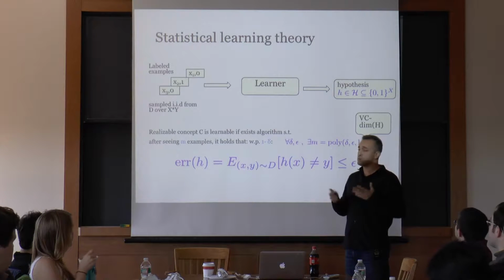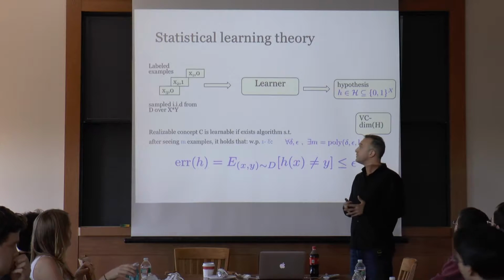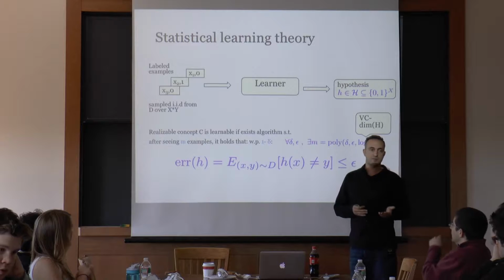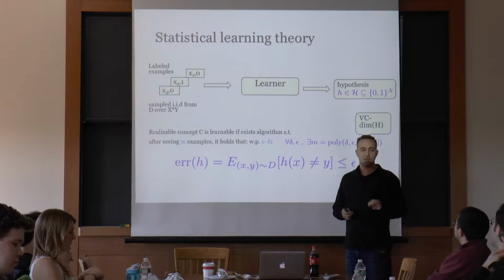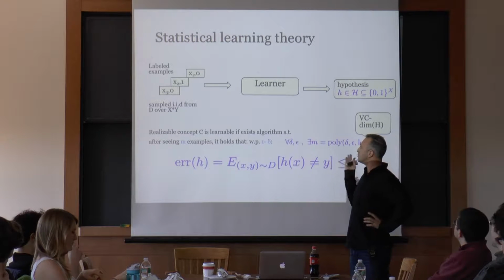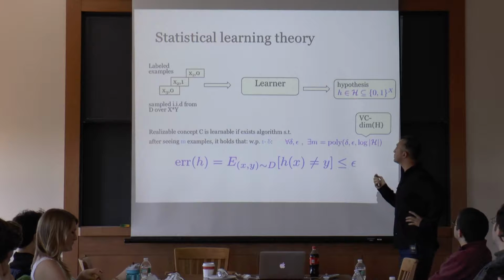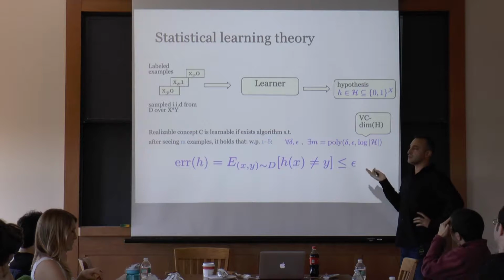Then we have a learner that can sample from this distribution IID and produces a hypothesis, which is a mapping from the feature vectors to 0, 1. That hypothesis belongs to a hypothesis class, which we denote by the letter big H, which is a subset of all mappings from features to 0, 1.